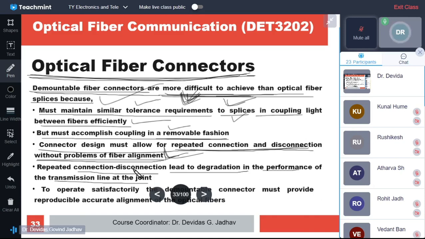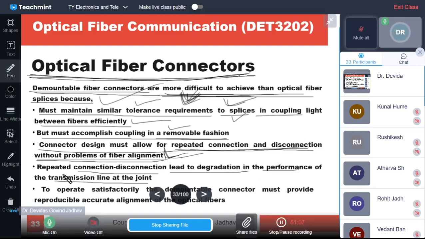At the same time, the connectors also have parameters which are becoming worse. That connector may be getting weakened due to the repeated connecting and disconnecting process, and that may not hold the fiber in alignment laterally, longitudinally, or angularly.